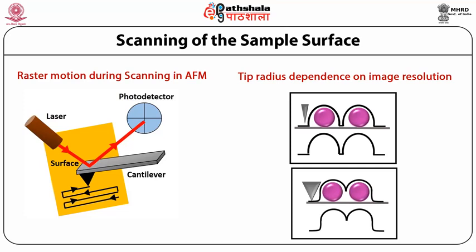Stiffer cantilevers protect against sample damage because they deflect less in response to a small force. This means a more sensitive detection scheme is needed. The radius of the tip of the cantilever limits accuracy for the image analysis and resolution, as shown in figure 12.